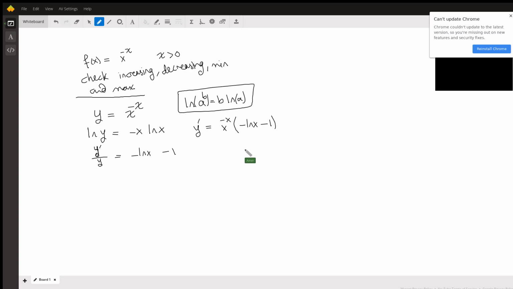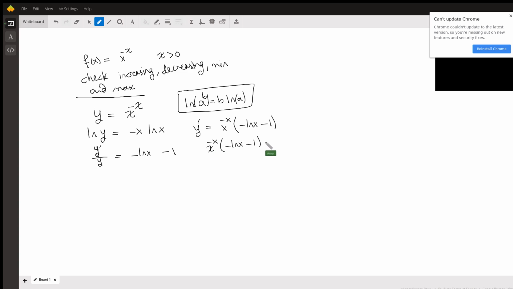Now we need to check whenever this equals 0. So how to solve this equation?